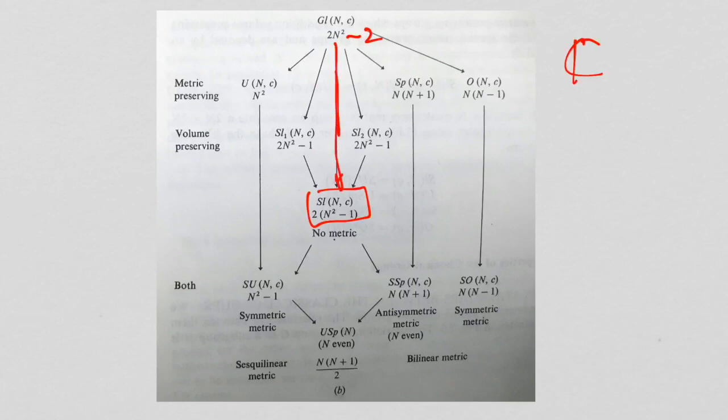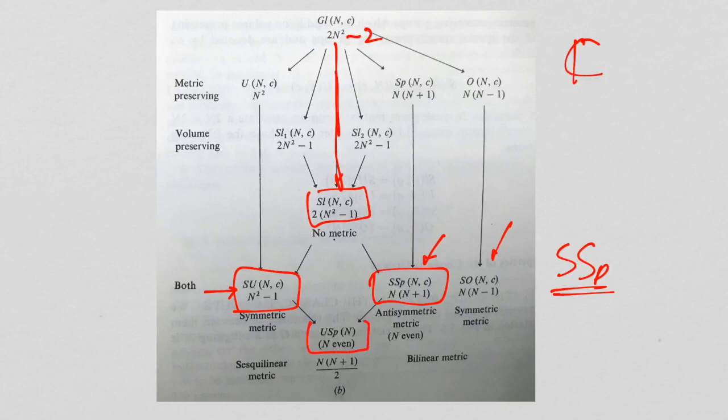But then you have the volume preserving groups that are metric preserving, and that's the special unitary group of the complex numbers, the special symplectic group, and the special orthogonal group. And then the intersection of the special unitary group and the special symplectic group gives you the unitary symplectic group.